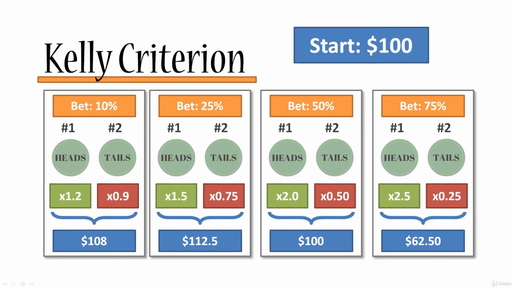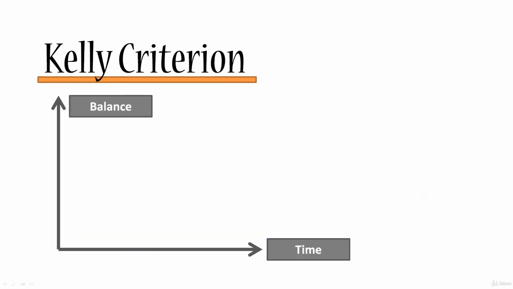Let's plot these scenarios on a chart. And the chart we're going to use is the balance over time chart. So we want to see how our balance will change over time. And once again, we're going to use that concept that we discussed, that once we know the result for one pair of heads and tails, all that will happen in the long run is it will just get replicated over and over again, and that's the way our account balance will go.